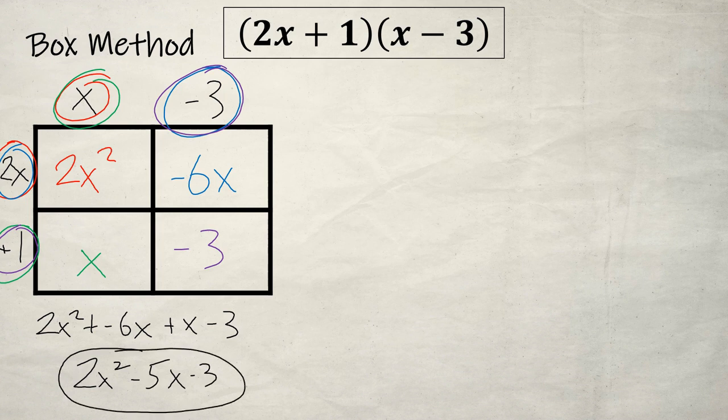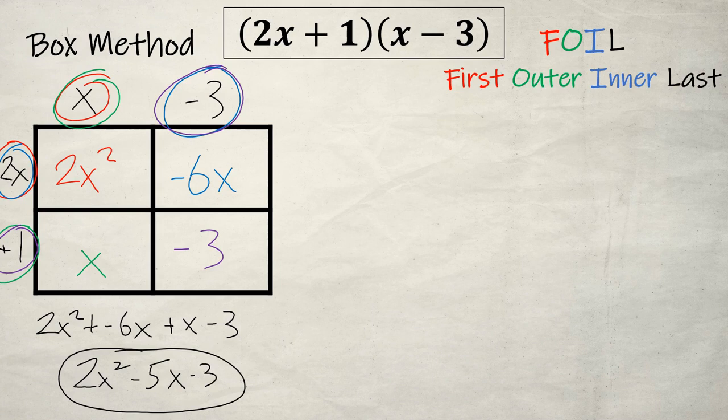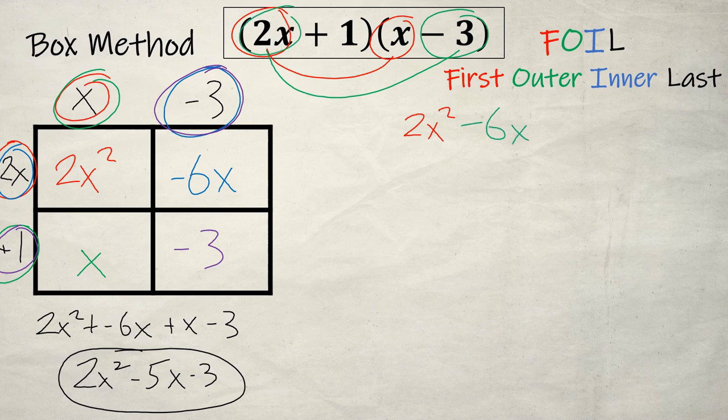All right, you can also do this using FOIL. So if we look here, 2x times x gives me 2x squared. The outer terms, 2x times negative 3 right here, that gives me negative 6x.